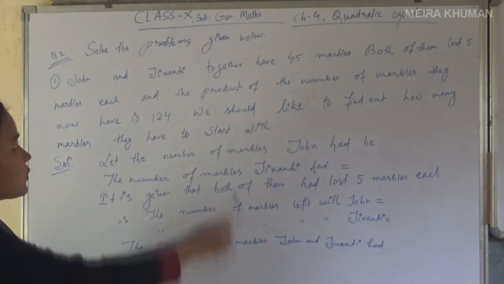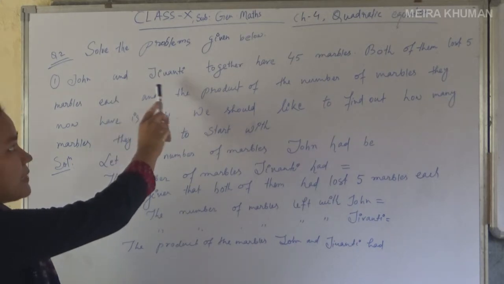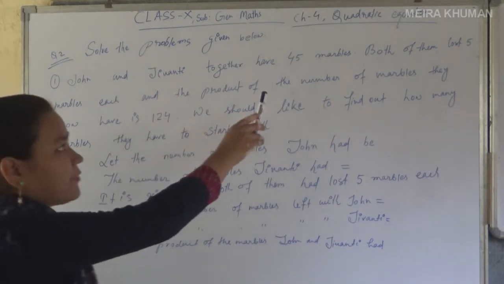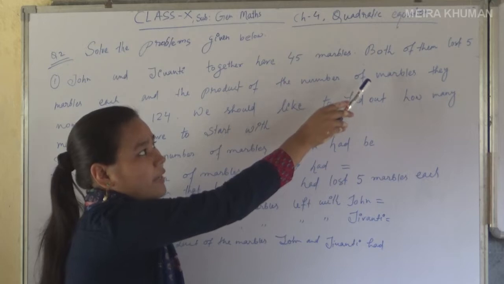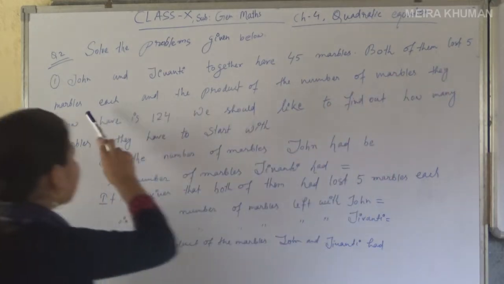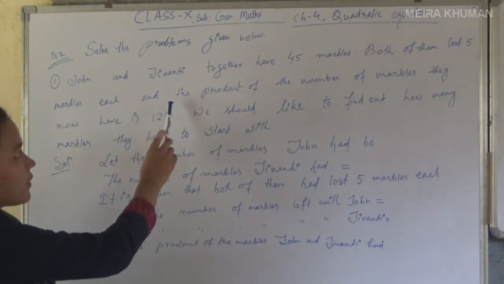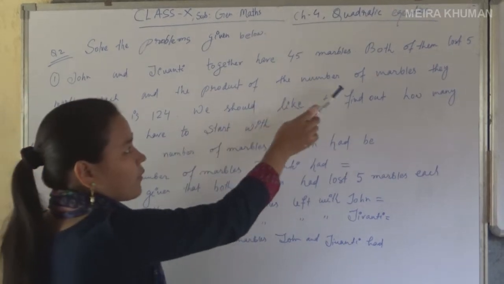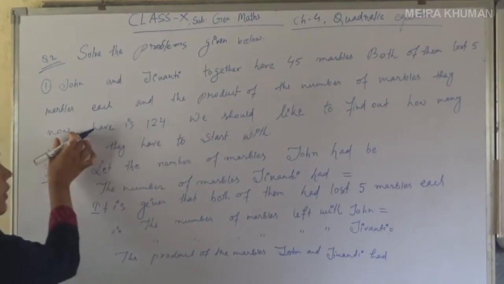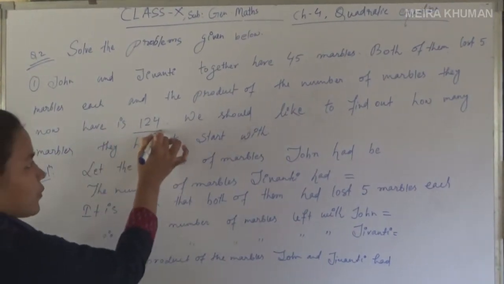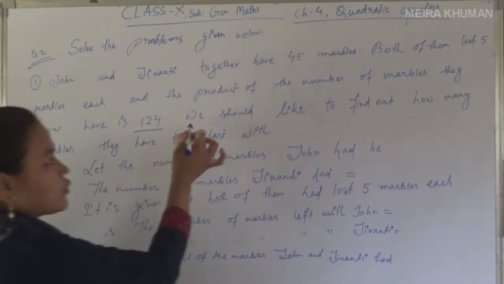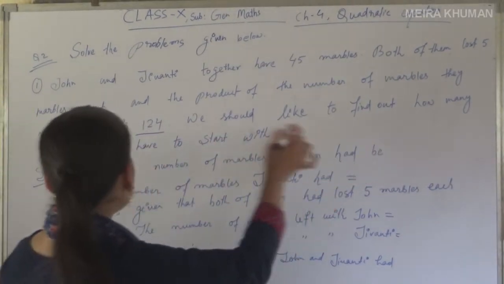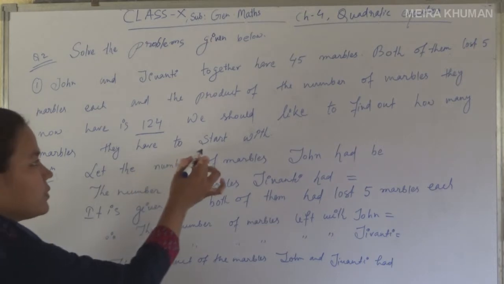So next question number 2 is what? John and Jivanti together have 45 marbles. Both of them lost 5 marbles each, and the product of the number of marbles they have now is 124. We should find out how many marbles they had to start with.